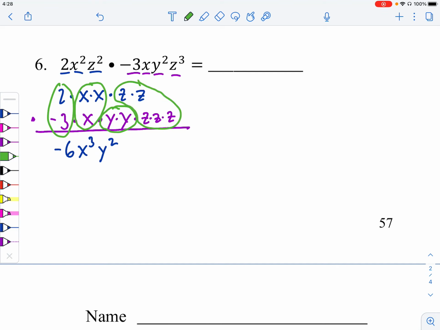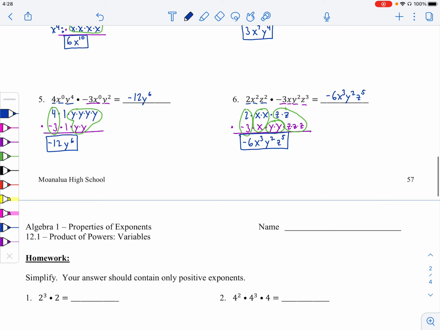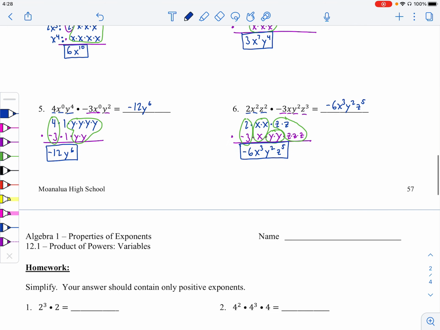You have 5 of them, so that's z to the 5th power. And that's our answer right there. So negative 6, x to the 3rd, y squared, z to the 5th. That's all it is. Okay, and then you guys can do the other ones.